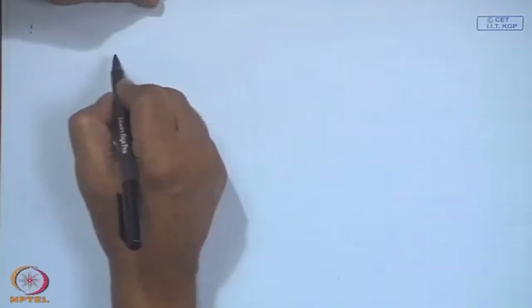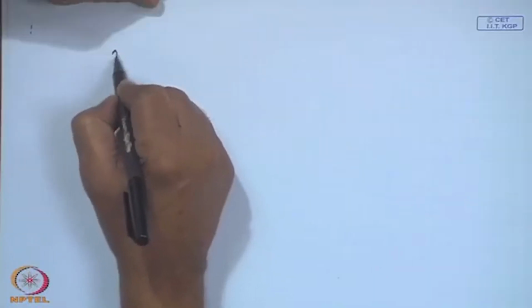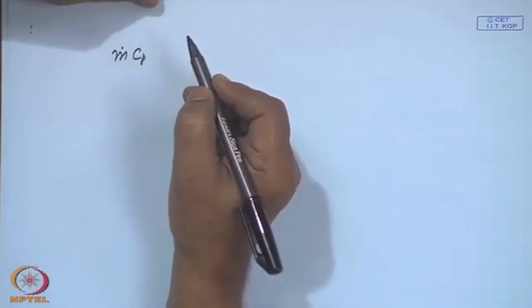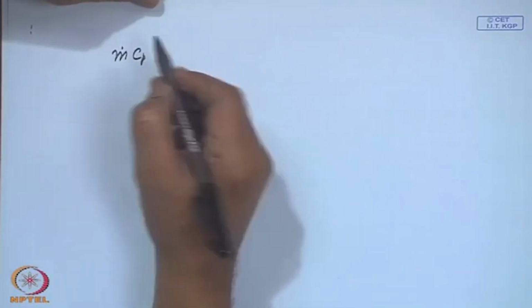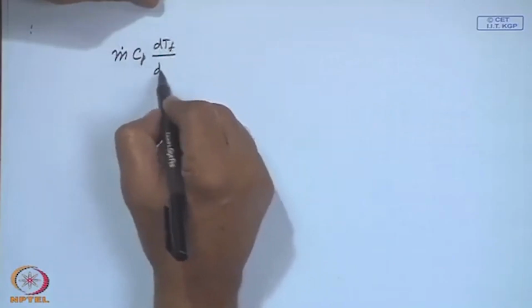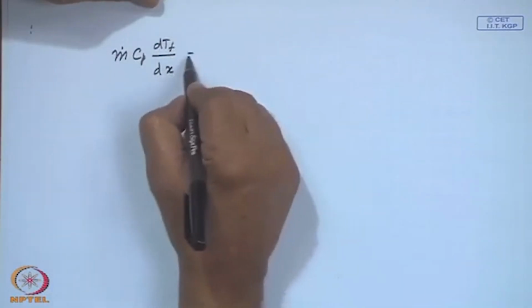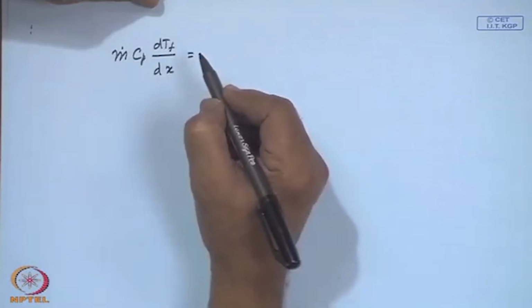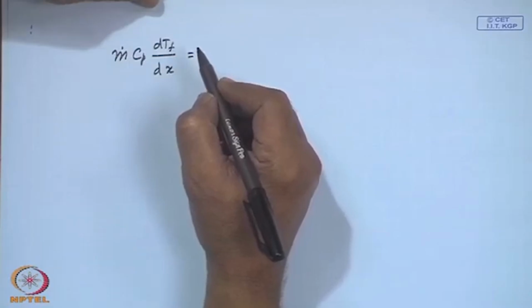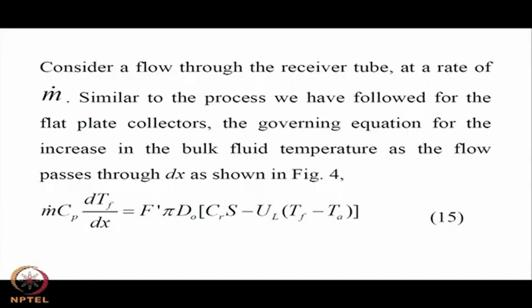So, I shall repeat, rather I shall fill in that gap. If m dot is the flow rate through the receiver tube, and if you consider, as shown in the diagram, an elemental length of dx, the temperature increase over dx multiplied by the mass flow rate and the specific heat is the energy gain while the fluid flows through the tube of length dx.